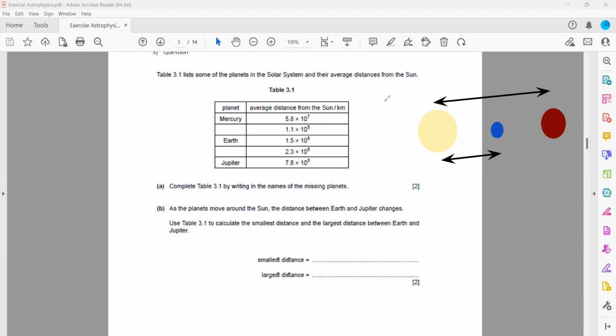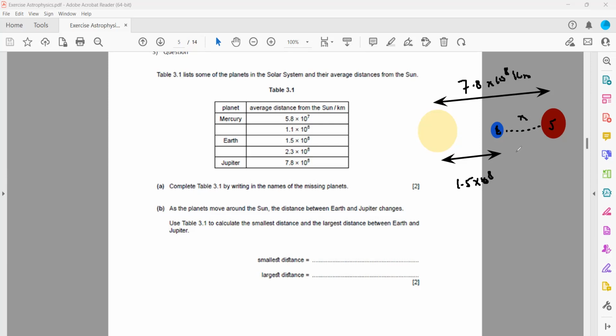The distance between the sun and Jupiter is 7.8 into 10 to the power 8 kilometer. And the distance between the sun and the Earth is also given, which is also known as 1 astronomical unit, which is 1.5 into 10 to the power 8 kilometer. Now we need the distance between Earth and Jupiter.